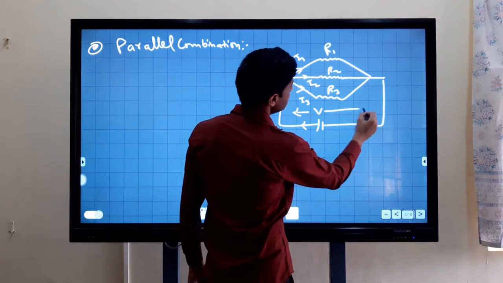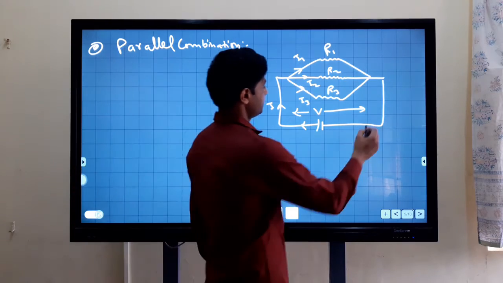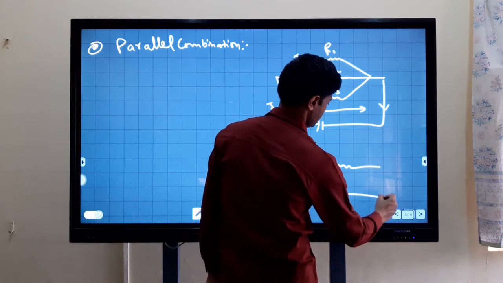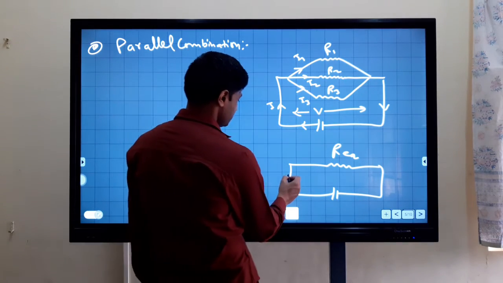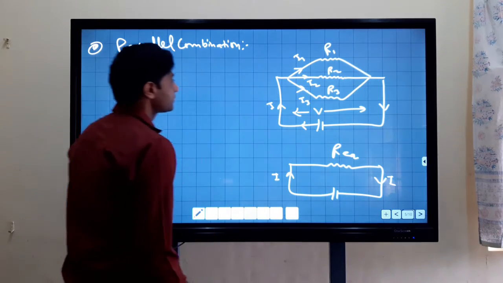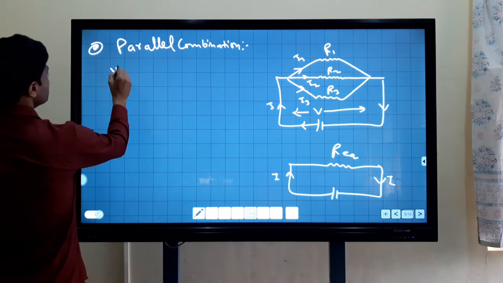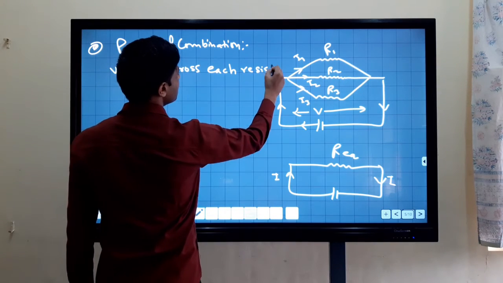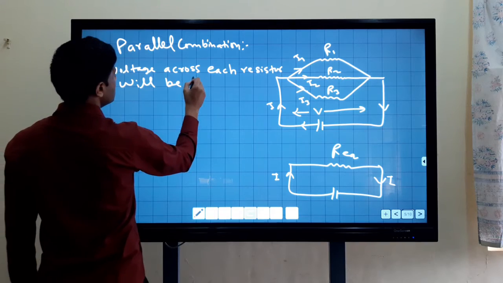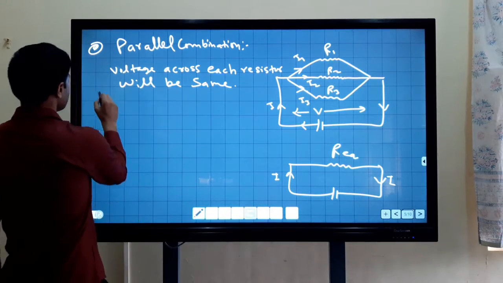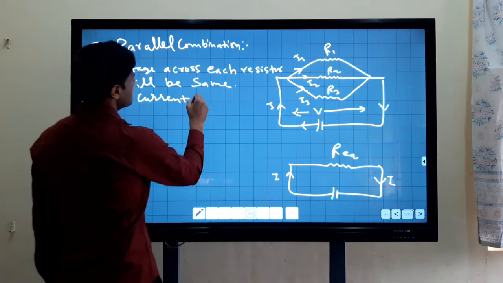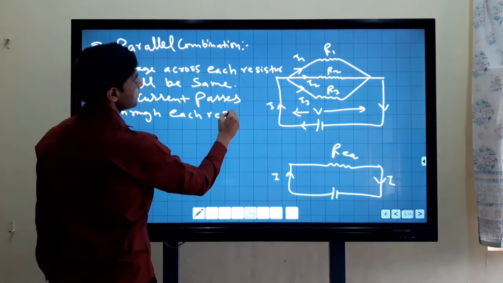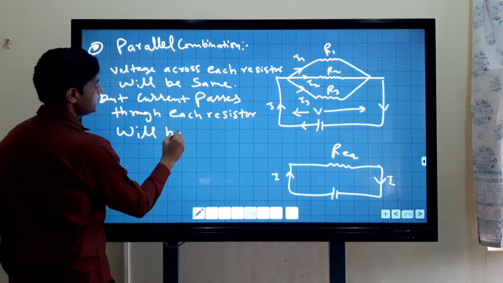But the voltage across each resistor will be the same. So the equivalent resistor behaves like this: it is R equivalent with current I. The voltage across each resistor will be the same, but the current passing through each resistor will be different.